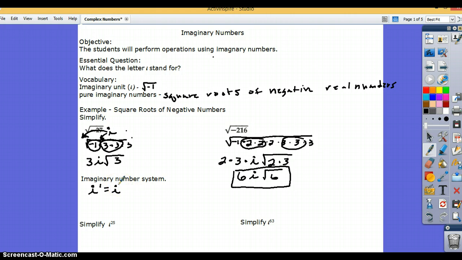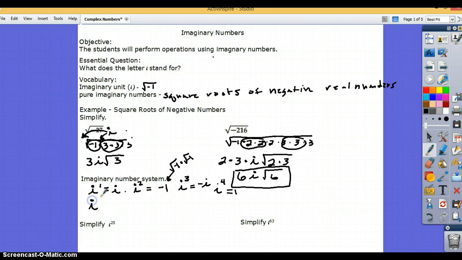Okay, so keeping in mind that i is the square root of -1, well, i squared is equal to -1 because that is the square root of -1 times the square root of -1. i to the third is equal to -i. i to the fourth is equal to 1 because that's going to be 2 of these. That's going to be -1 times -1.